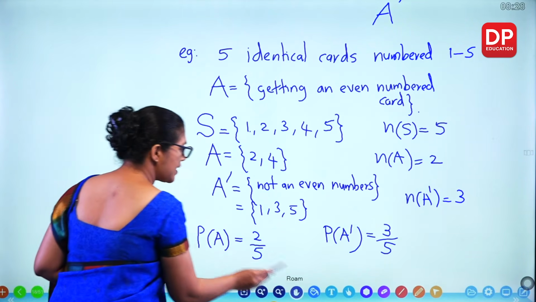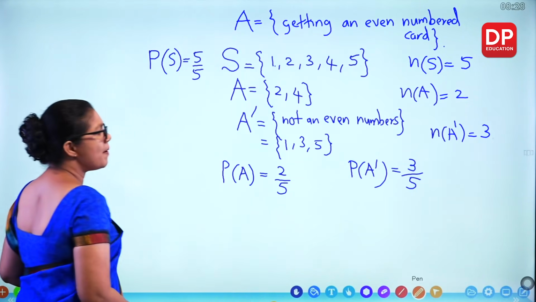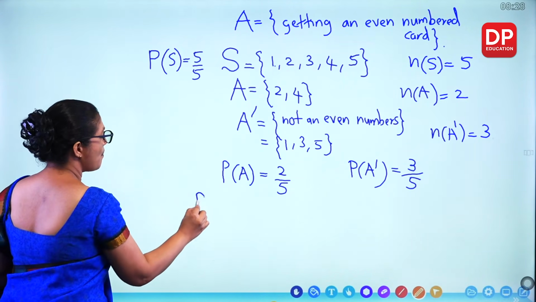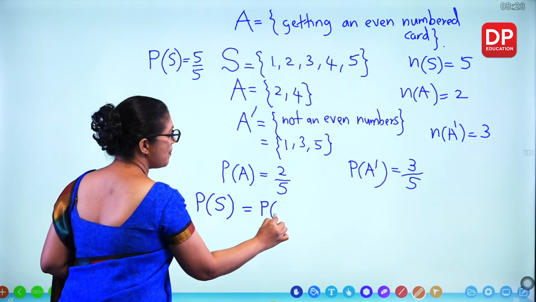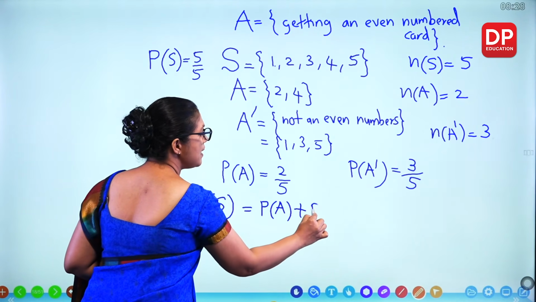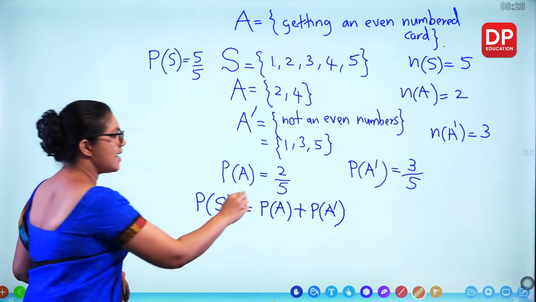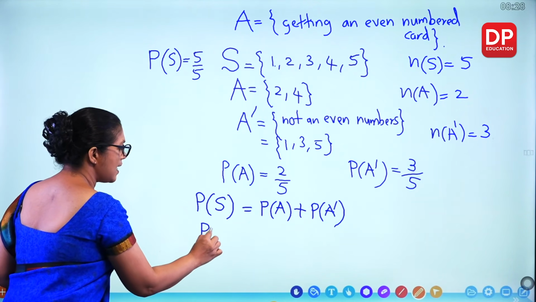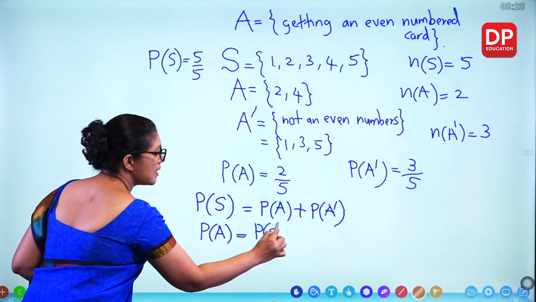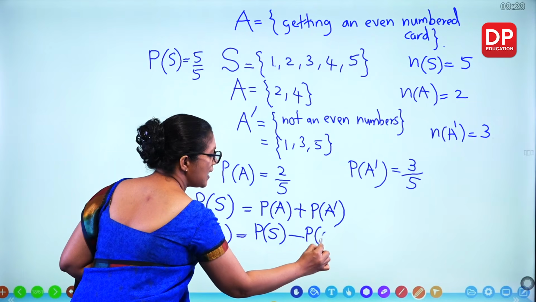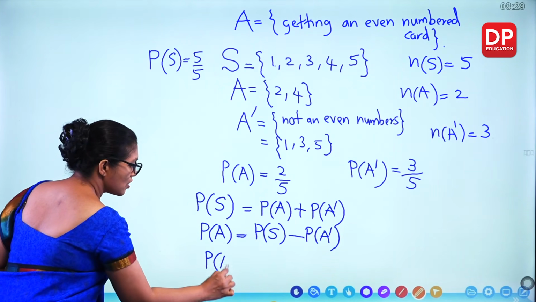So by looking at these three probabilities, I can write probability of S is equal to probability of A plus probability of A dash. So if I want to take P(A) as the subject, I can write P(S) minus P(A dash). Or if I want P(A dash), how can I write?